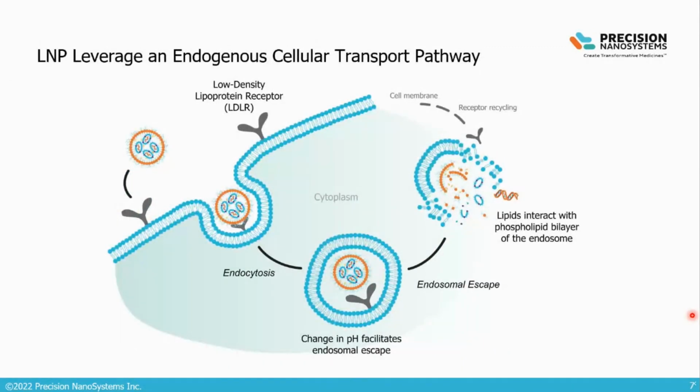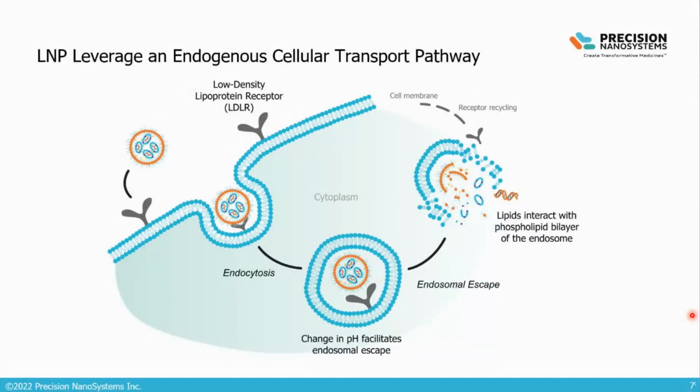In terms of how LNP works, RNA LNP are thought to leverage an existing endogenous cellular transport pathway, specifically a low density lipoprotein or LDL receptor mediated endocytosis pathway as shown here.